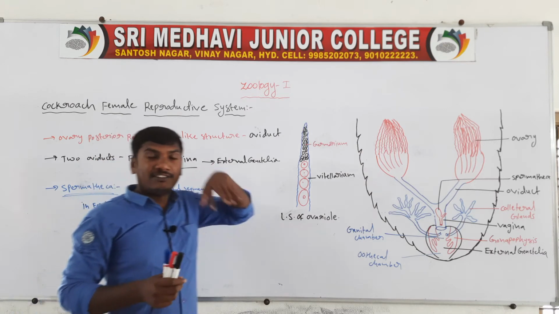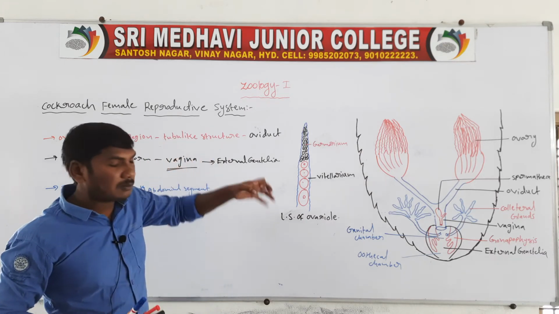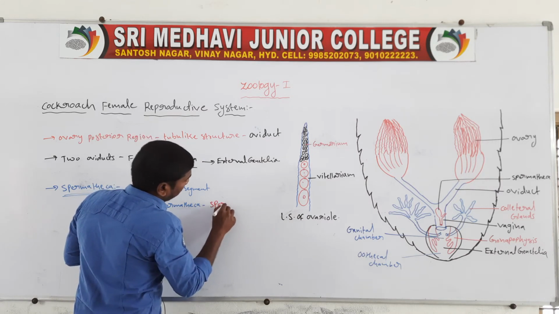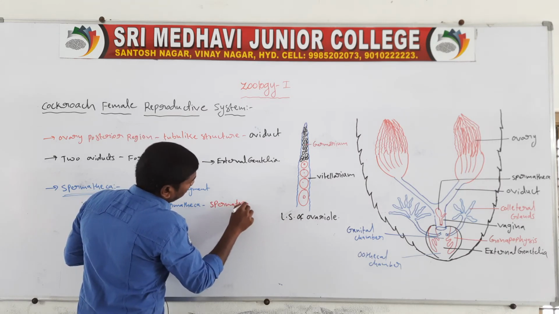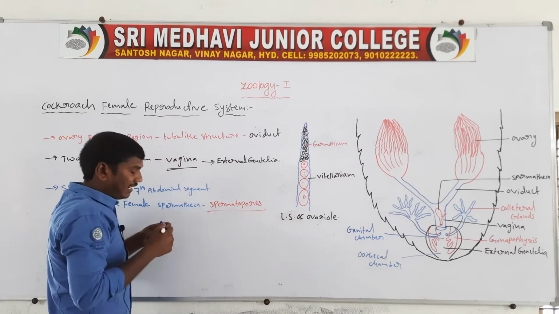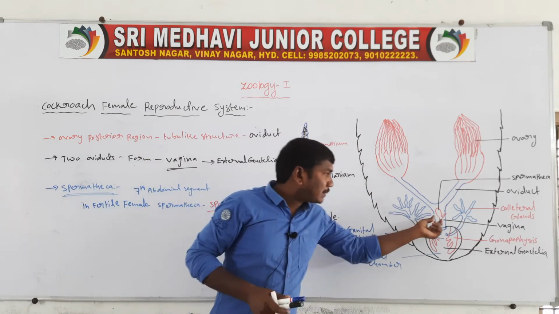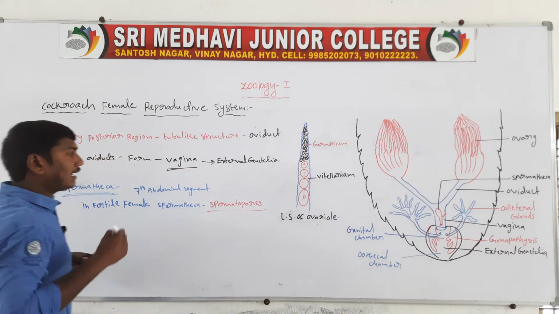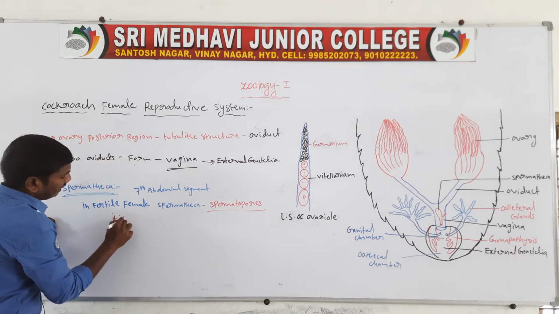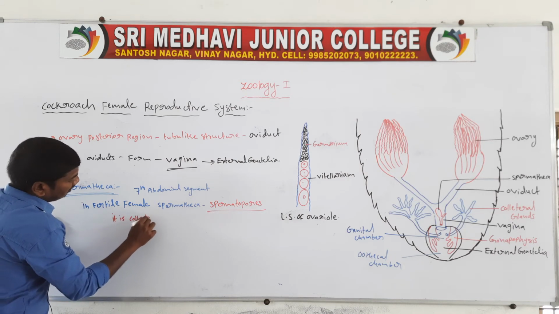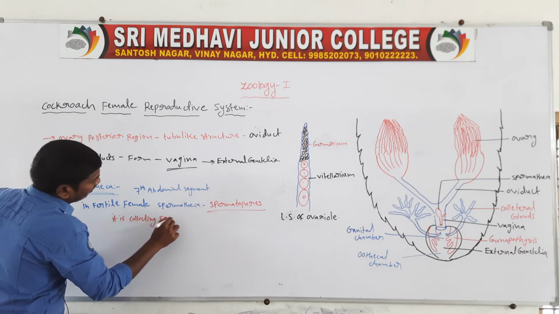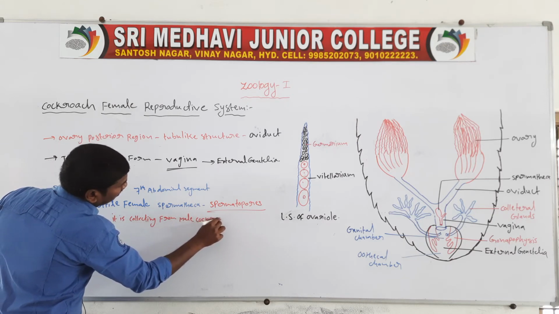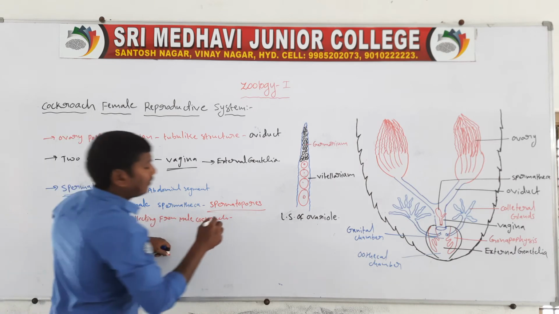The fertile female cockroach's spermathecae contain spermatophores, collected from the male cockroach at the time of copulation.